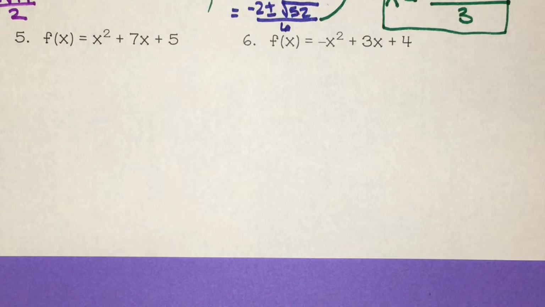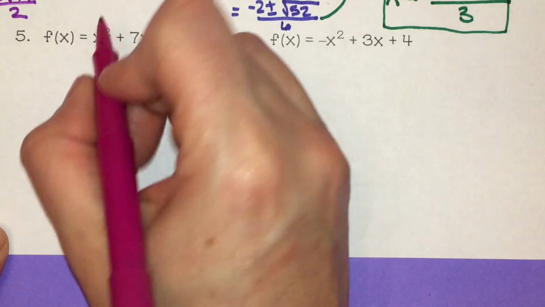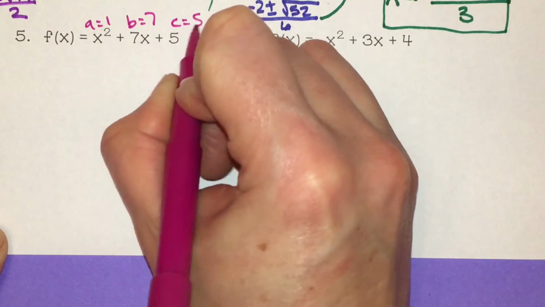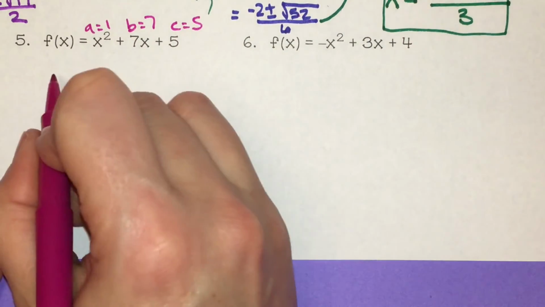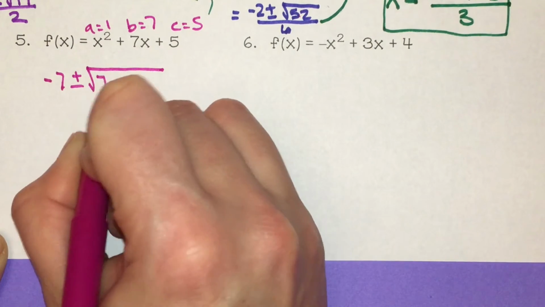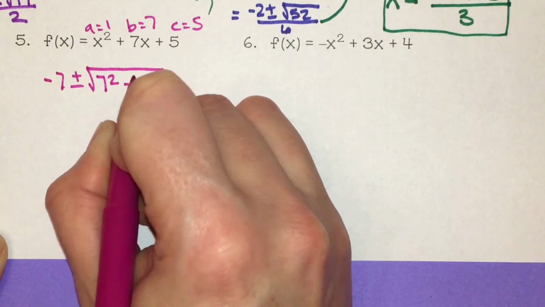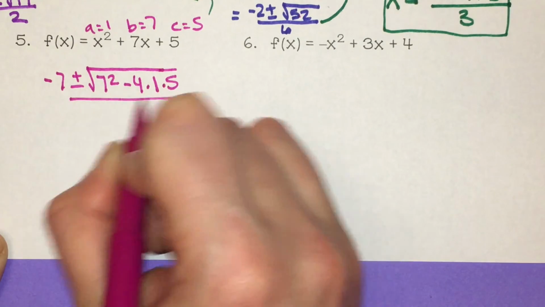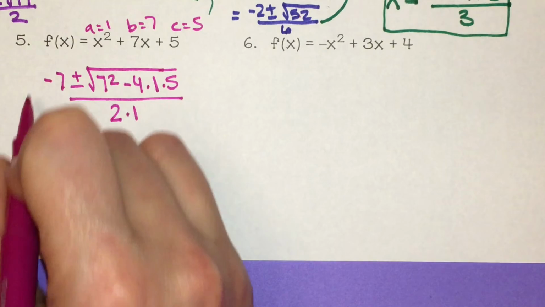We have a is equal to 1, b is 7, c is 5. So -7 plus and minus the square root of 7 squared minus 4 times 1 times 5, all divided by 2 times 1.